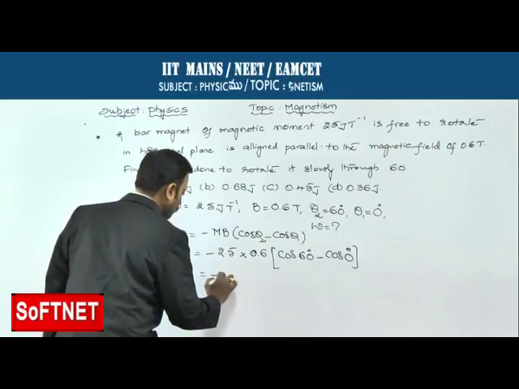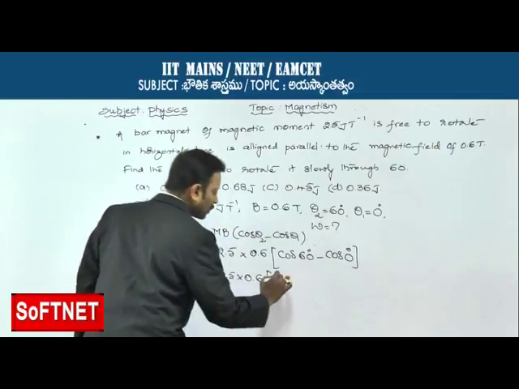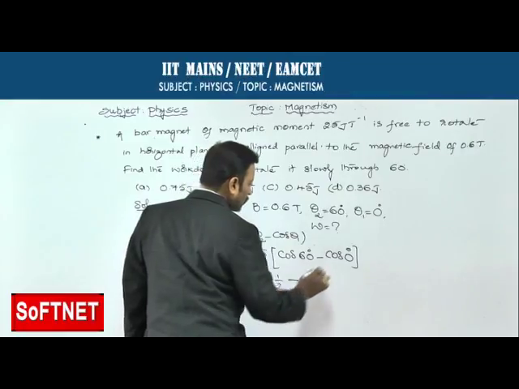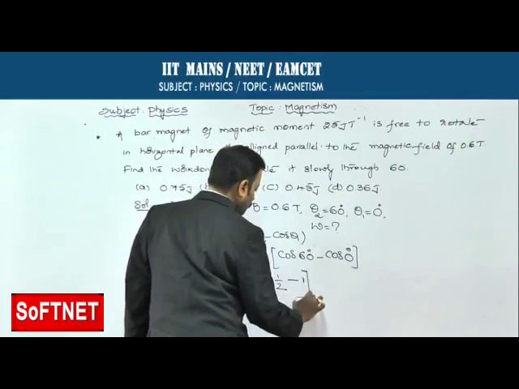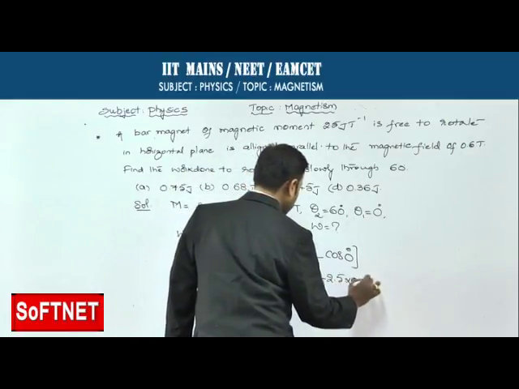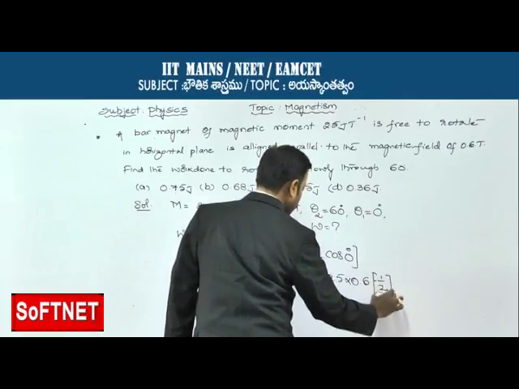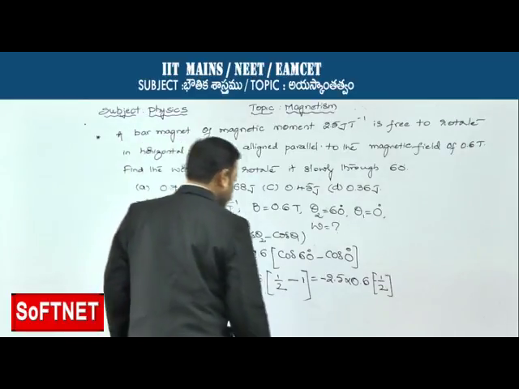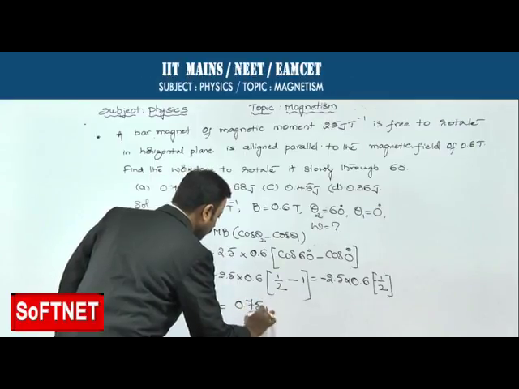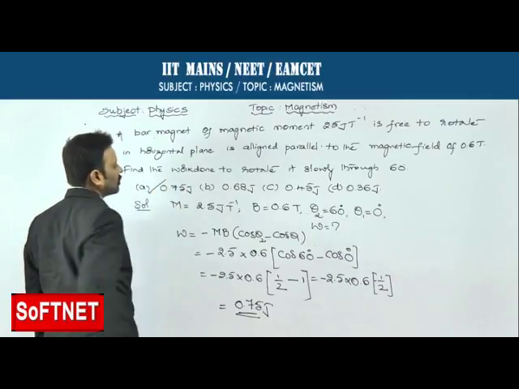That is minus 2.5 into 0.6 into (the value of cos 60 is 1 by 2, minus the value of cos 0 is 1), that is minus 2.5 into 0.6 into minus 1 by 2. When you simplify that, you will get the answer as 0.75 joules. So, the first option is the correct one.